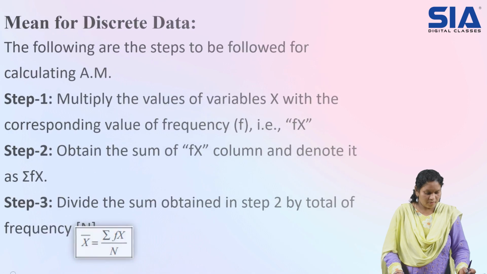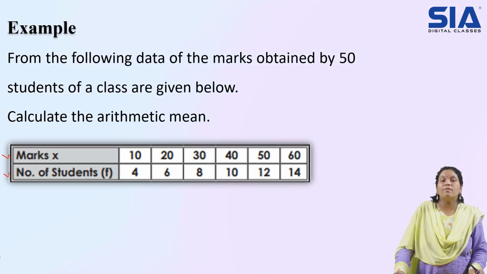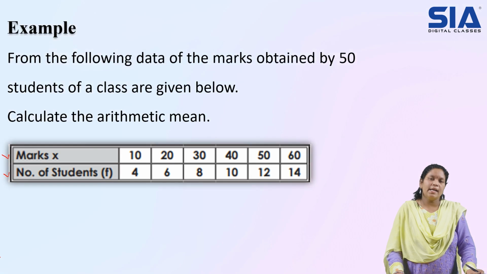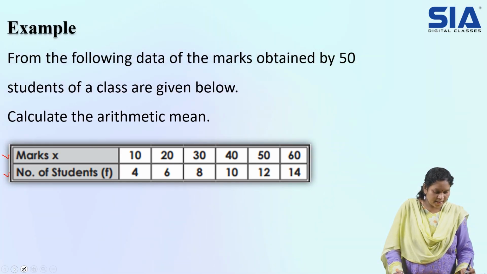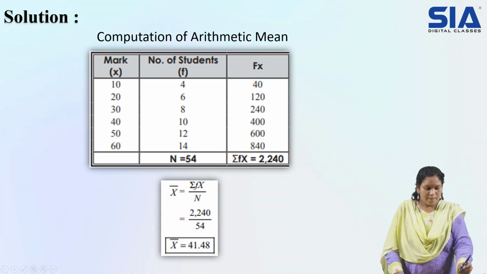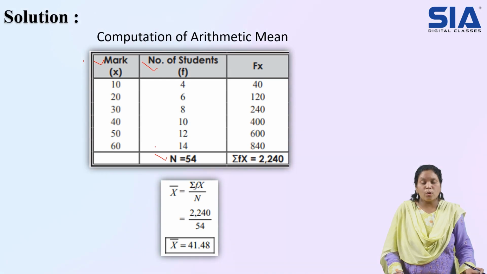Here one thing we need to understand: in individual data, capital N is the number of observations, we count the data and give it. In discrete data, check how capital N works. In the example, marks of the students and number of students are given, right? Capital N is the total of frequencies, not the number of observations.